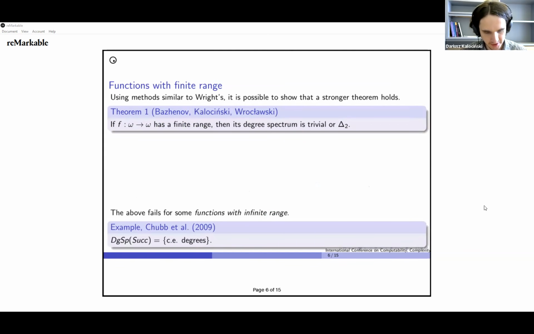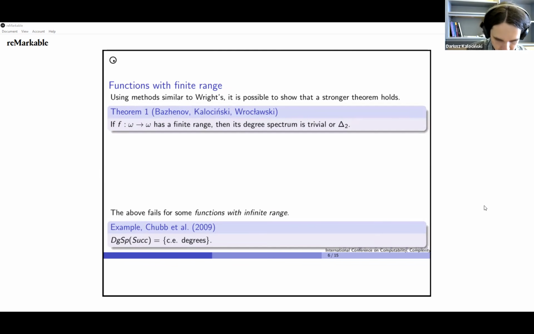So I'll be going through results that led to the solution. We considered various restrictions of the class of total computable functions. One easy theorem was about functions with finite range.